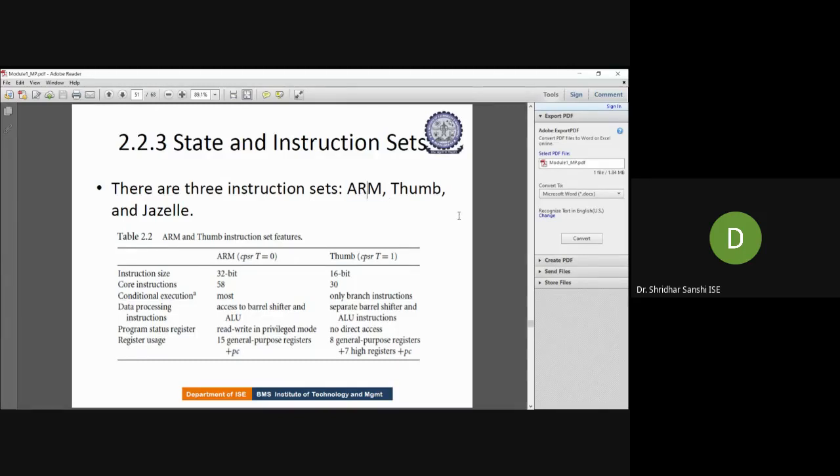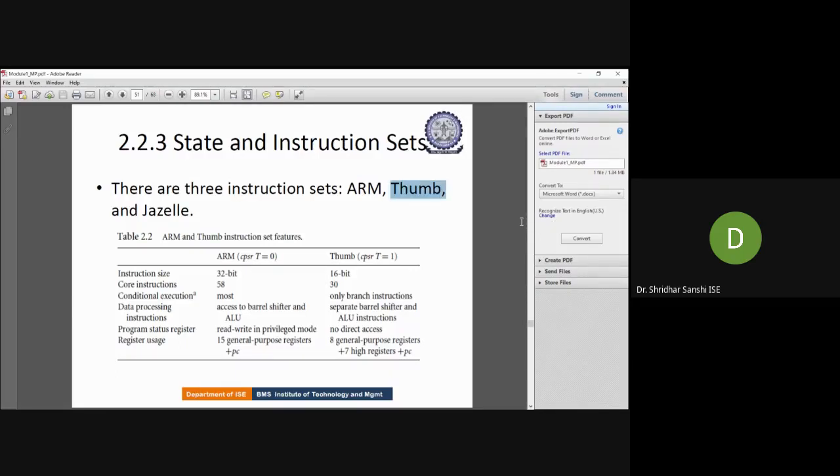One is the ARM instruction set. All the ARM instructions are 32-bit. Another set of instructions is the Thumb instructions. I think I told you during the introduction, when explaining the difference between RISC and ARM, that I talked about Thumb instructions.